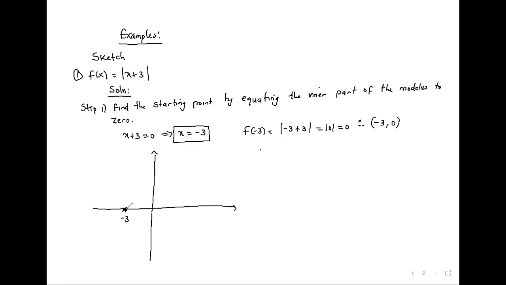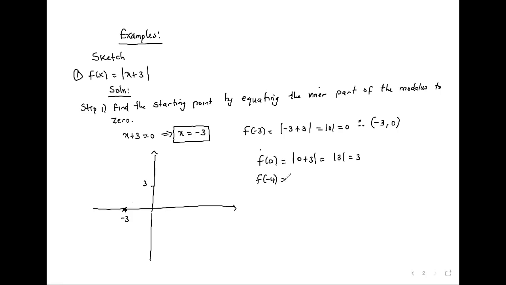Then where do you go? Do you take it up or down? I'll pick a number bigger than -3 and a number less than -3, then I'll know where it is going. Let's pick 0 on the right. What is f of 0? We get modulus of 0 plus 3, which is just 3. Let's pick -4.